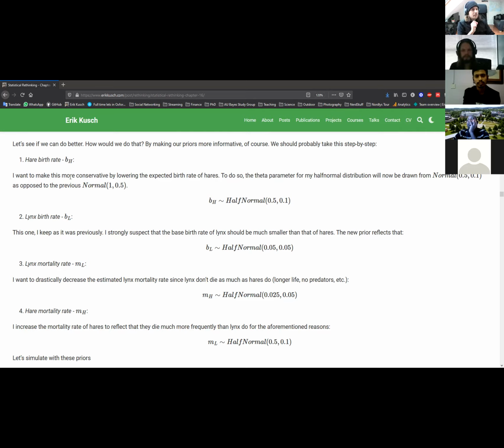Now I look at the, sorry, yes? So I totally get why you take the 0.5 instead of 1, but why did you reduce the sigma to like 0.1? Because I really wanted to make sure that we stay very much below 0.5, below 1. That's why I also just increased the preciseness, or decreased the standard deviation.